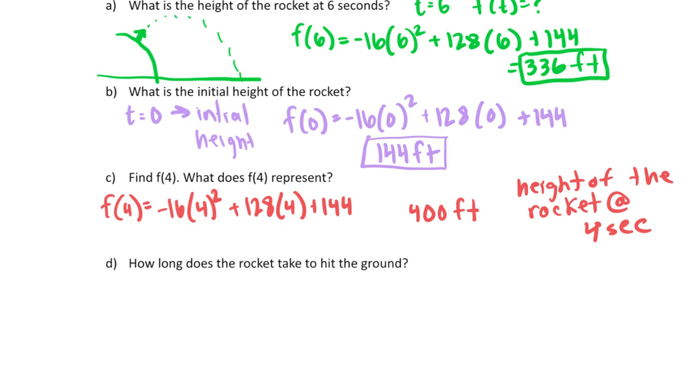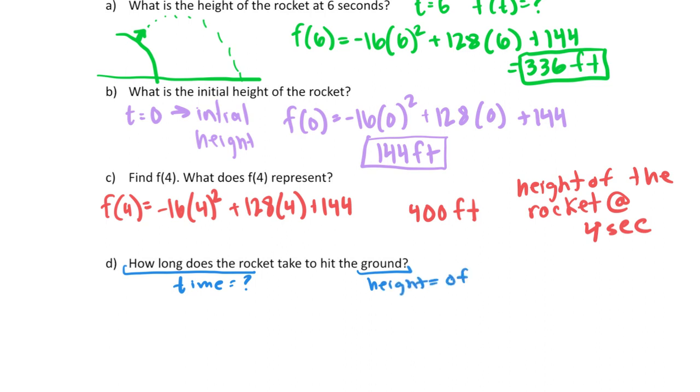Now, the last question, probably the most tricky question on this, is how long does it take for the rocket to hit the ground? So how long, that is our time. So we're trying to figure out our time, which is our t. Now, when it hits the ground, that's a height. In fact, it's a height of 0 feet.